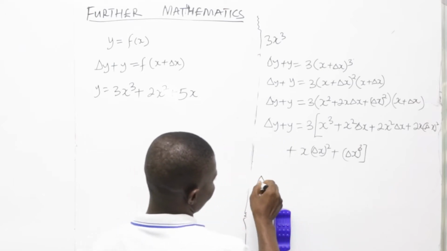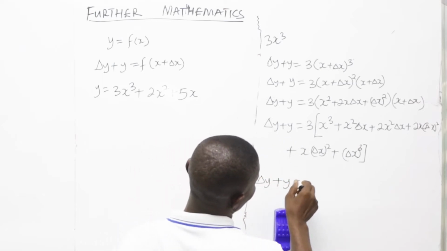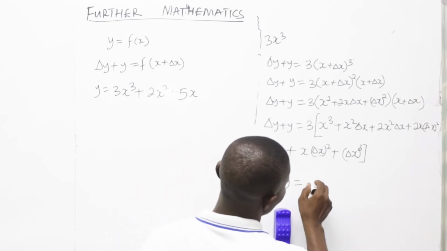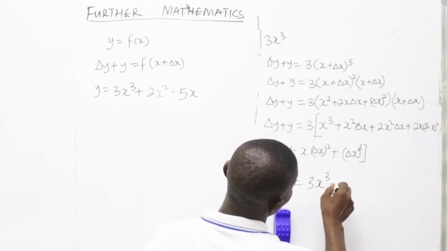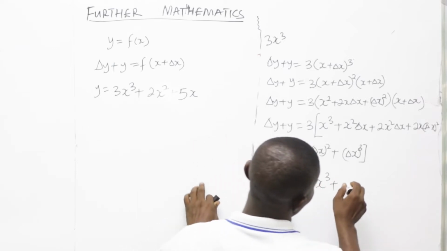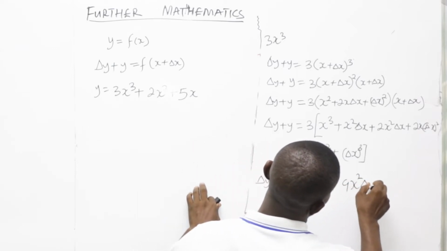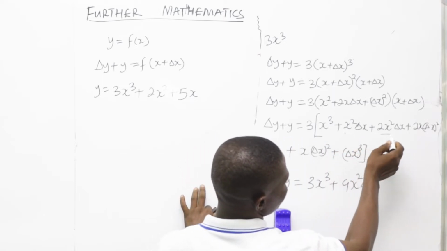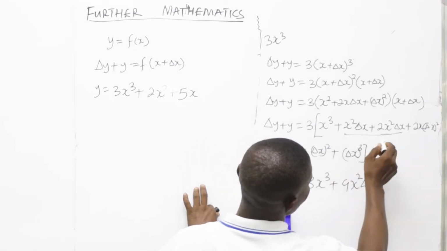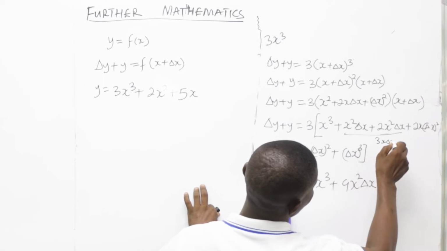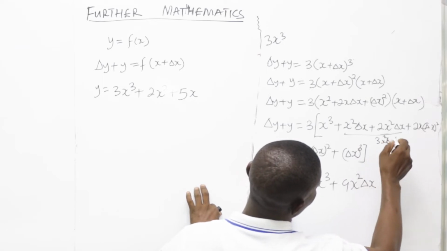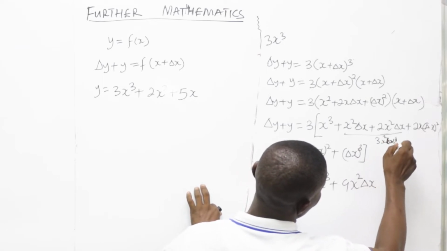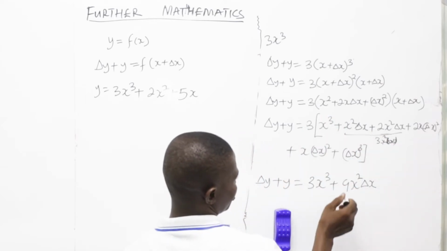We now multiply by 3. This is 3x cubed plus 9x squared change in x, that is x squared change in x plus 2x squared change in x will give us 3x squared change in x, times 3, which is 9.